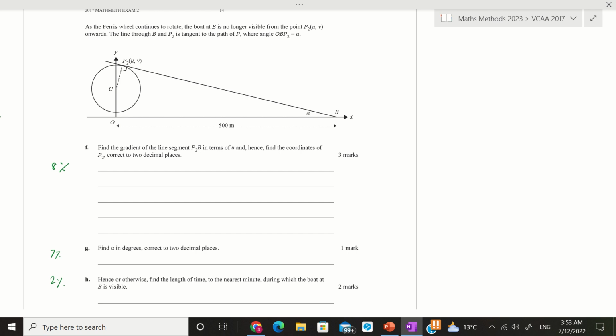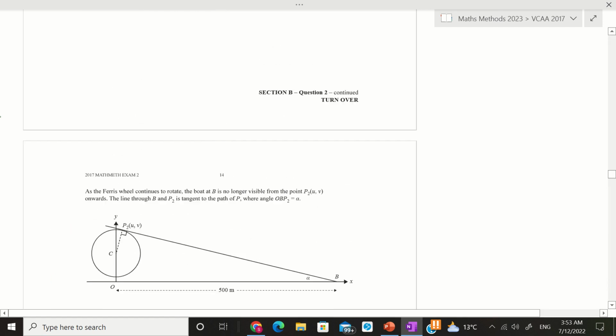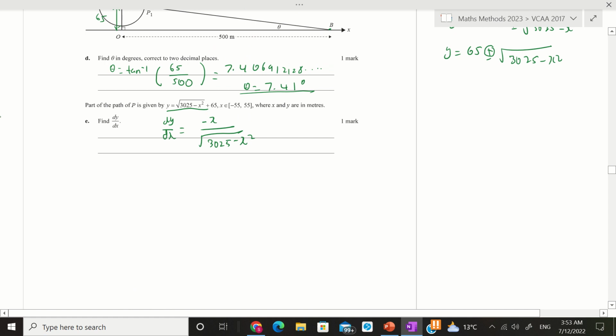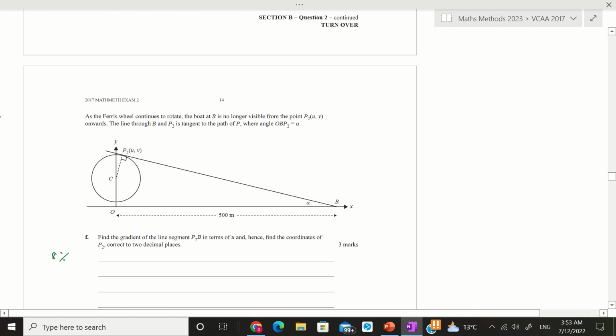Okay, so how do we find the gradient? Well, hopefully you remember from part E that we were asked to find dy/dx.